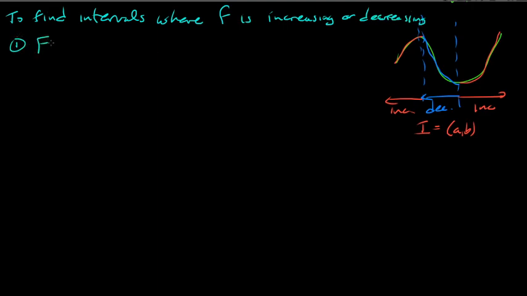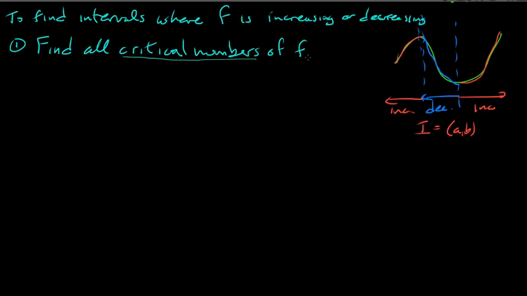First thing we're going to do is find all critical numbers of our function. You remember what a critical number is: a critical number is where the derivative is either 0 or fails to exist.